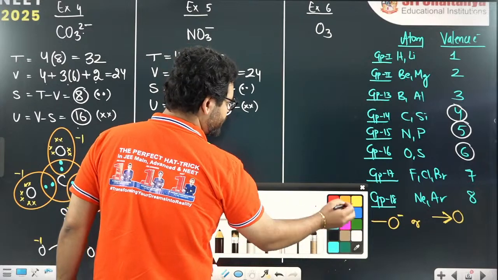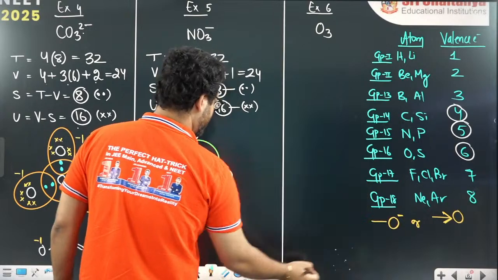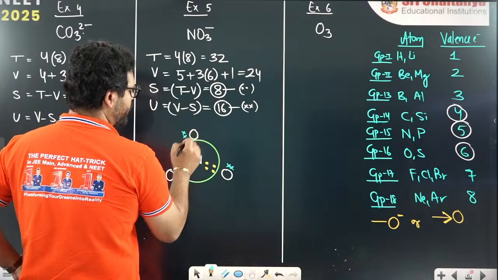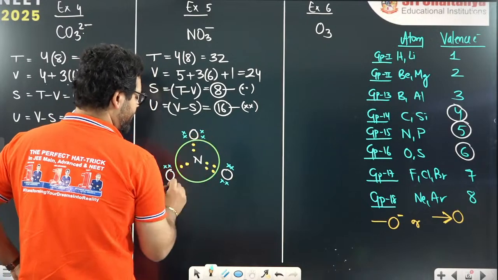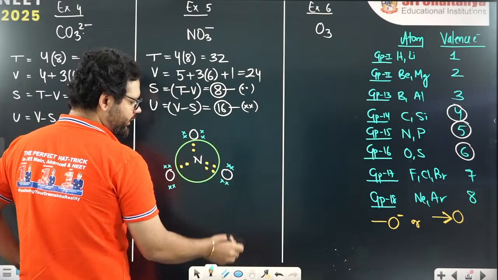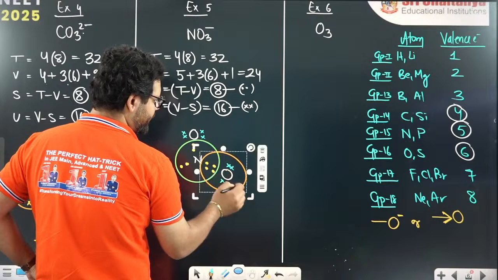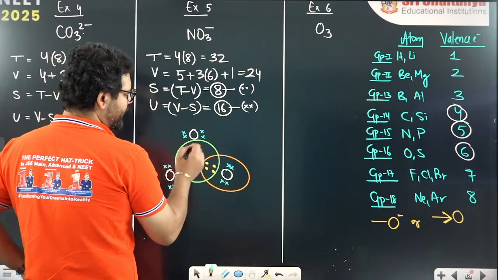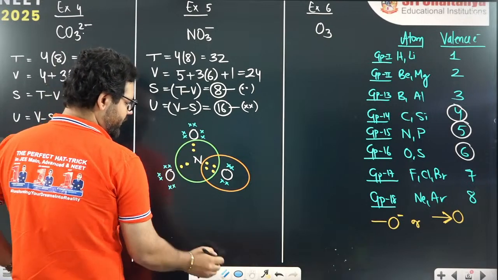Unshared electrons must be given only to oxygen. Total 16 I am giving: 1, 2, 3, 4, 5, 6, 7, 8, 9, 10, 11, 12. This oxygen is already complete, so I will not give him anything else. Oxygen is happy. Then 13, 14, 15, 16.